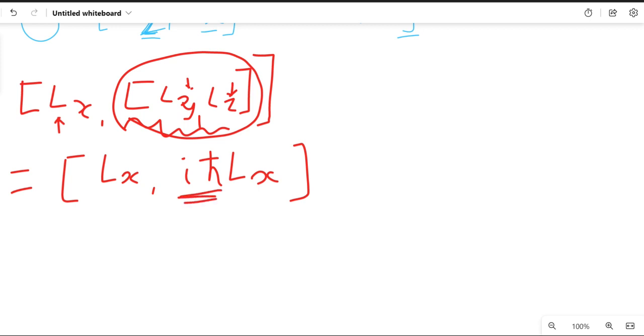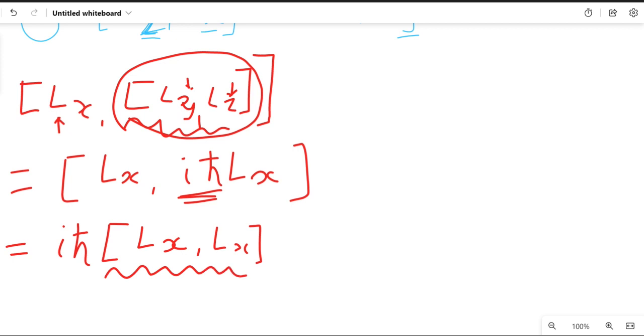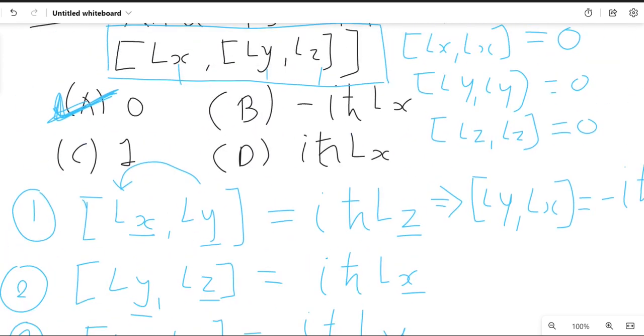Now i h cut can be taken out of the commutation relation, so it will be i h cut outside, and the commutation relation of Lx comma Lx. As I mentioned, Lx comma Lx commutation relation will be 0. So your answer will be 0, and the correct option is 0. I have now also proved it.